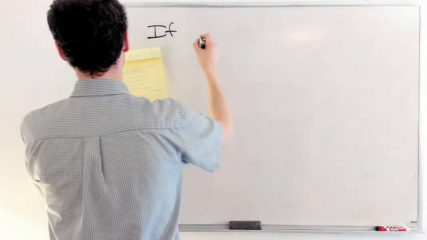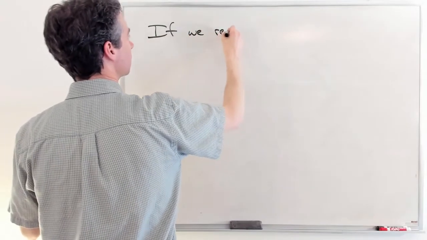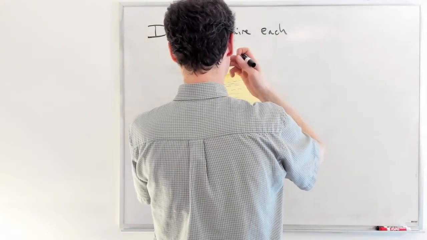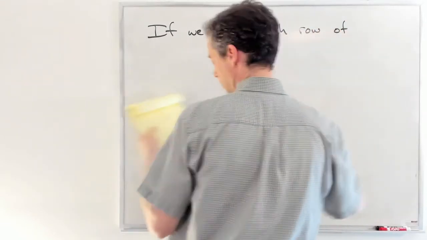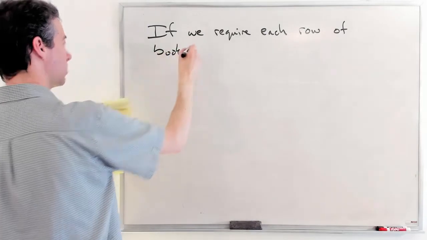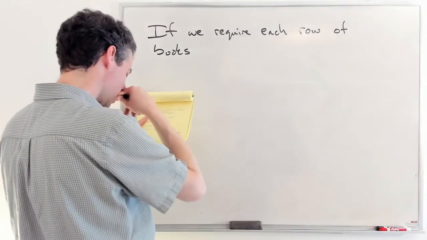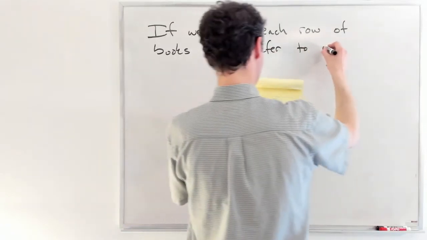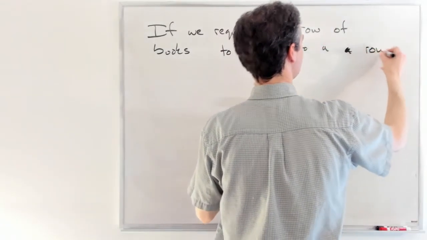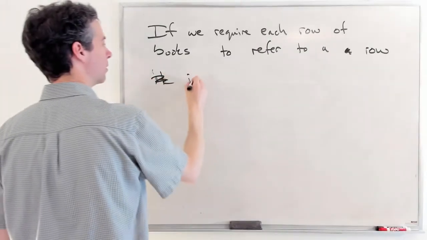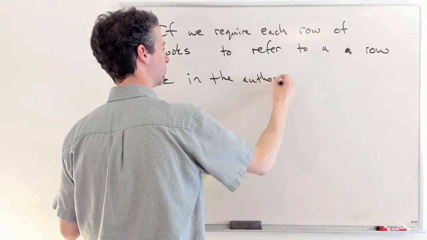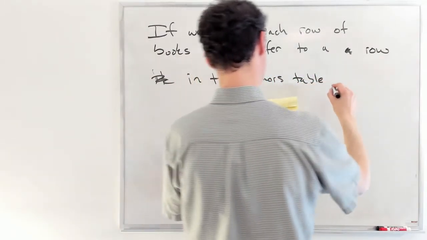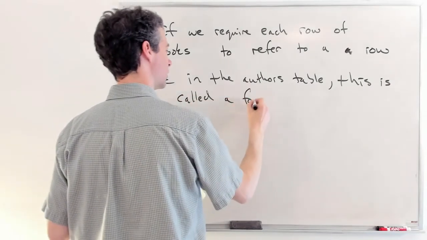Based upon that example, if we require each row of books, so again, books is the table that has an ID, a title, and an author, so if we require each row of books to refer to a row in the authors table, this is called a foreign key constraint.